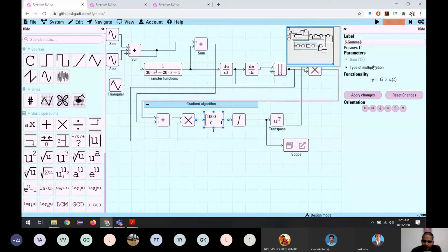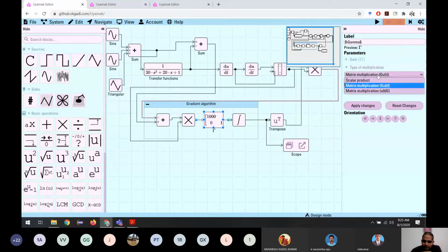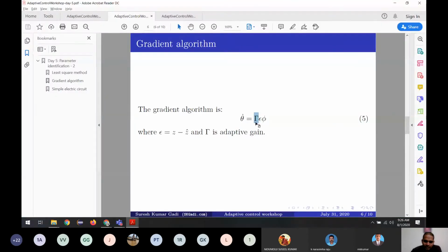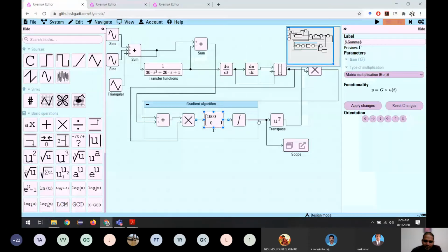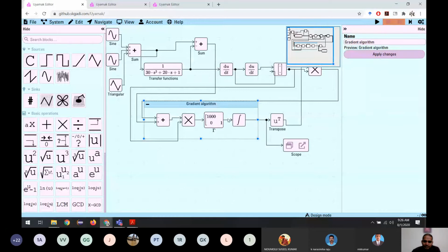So here in the type of multiplication we have 2 options. You multiply after or you multiply before. Since it's a matrix, you should say you want to multiply before, because that's what the algorithm says. First is gamma, then epsilon, then phi. We already have these 2 terms, so we get gamma by selecting a proper multiplication type. And with this we get theta dot here and theta here.